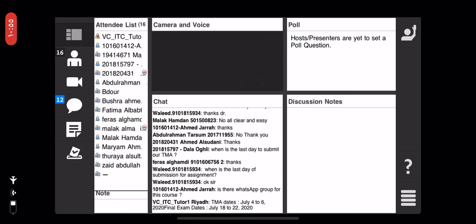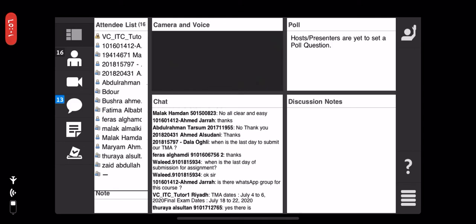Do we have a group? By the way, Walid, I just shared it. TMA dates July 4 to 6. Final exams July 18 to 22. Walid, note it down.